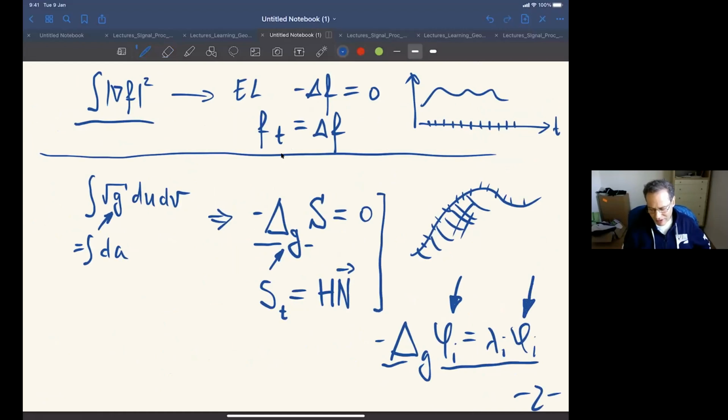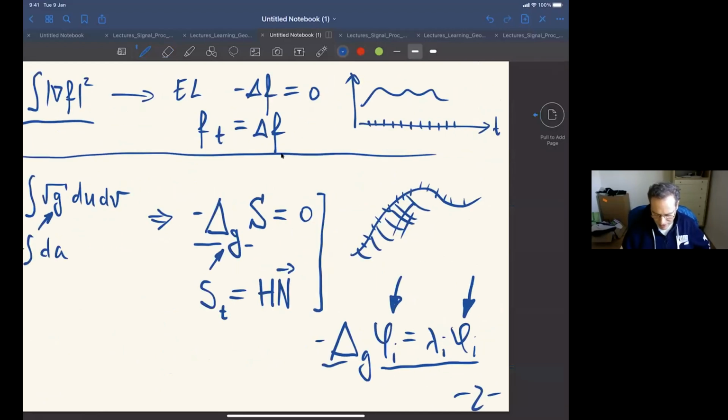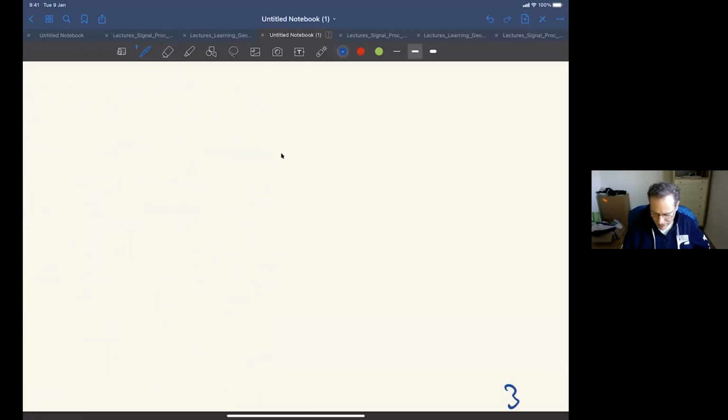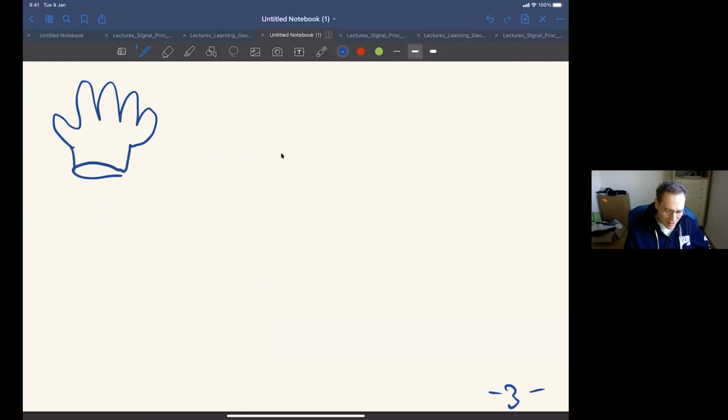And specifically, what was of vital interest to us were manifolds that look like 2-dimensional surfaces in 3D. So this is my S surface, and this was my Q surface. I have these 2 manifolds that are given to me separately.